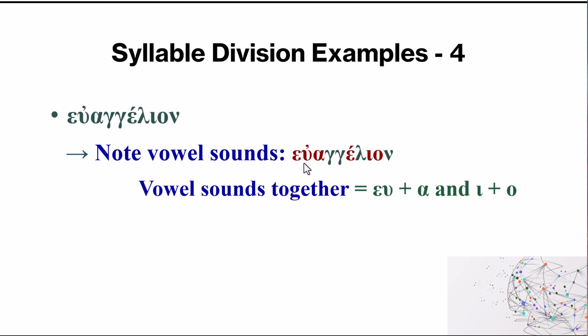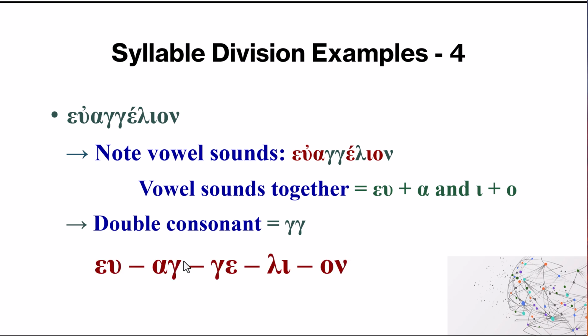So we have u, a, e, a. We have five different vowel sounds. We're going to have five syllables. Note the double consonant, double gamma. We saw that in Angelia a few moments ago. So we have u, ang. The first gamma goes with the previous syllable. The second gamma goes with the next syllable. Ge, li, an. Five syllables. U, ang, ge, li, an.